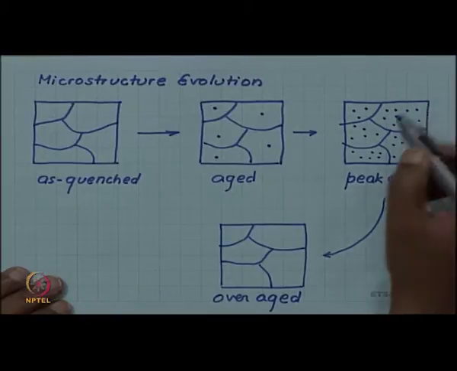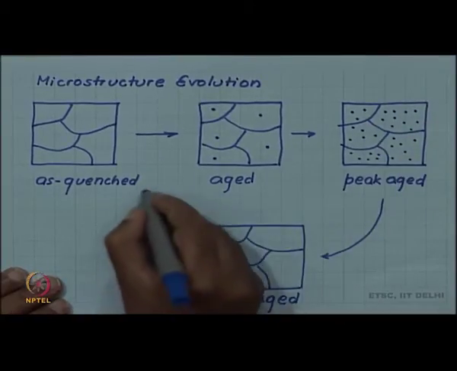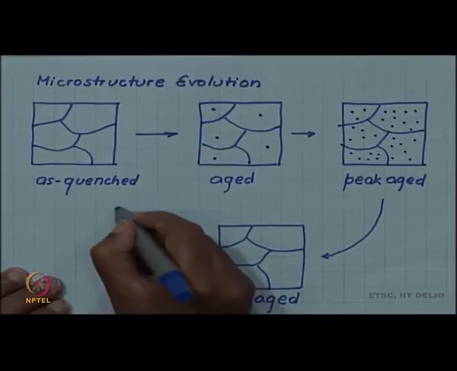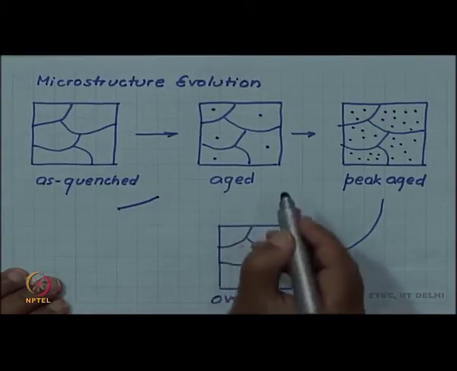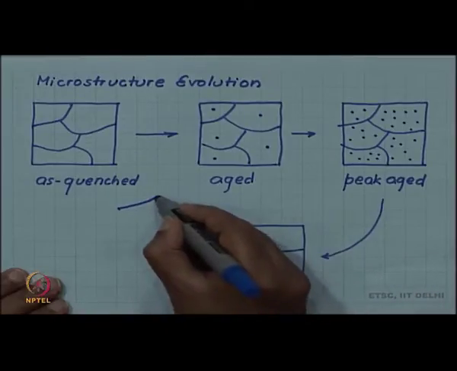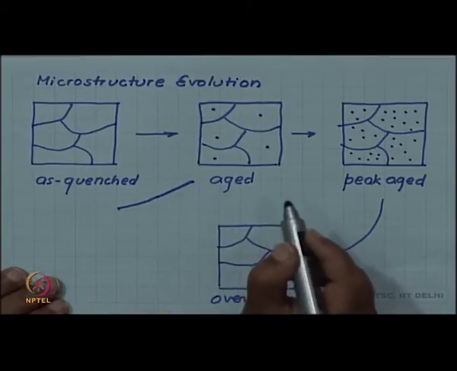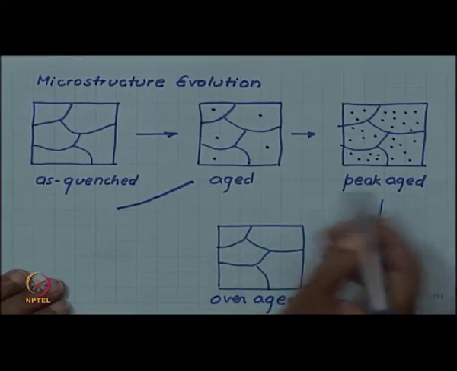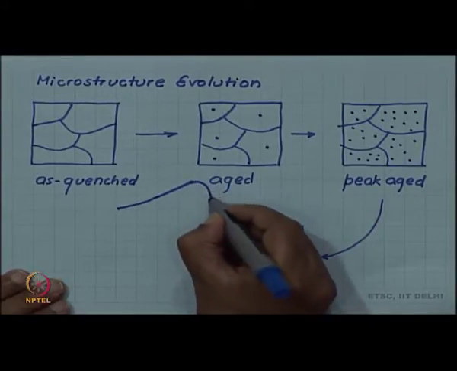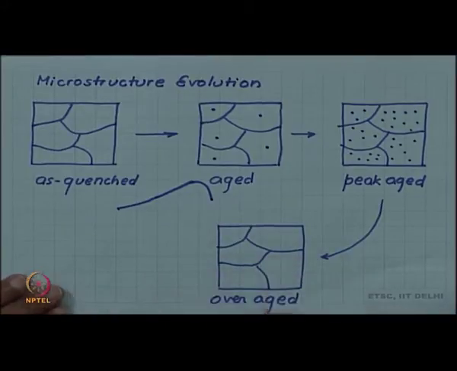But then, hardness was increasing, you can see that in as quenched there was no precipitate, then in aging hardness increased, and in peak age hardness has now reached a very high value. But then why after peak aging the hardness starts coming down, as in our hardness versus time curve?